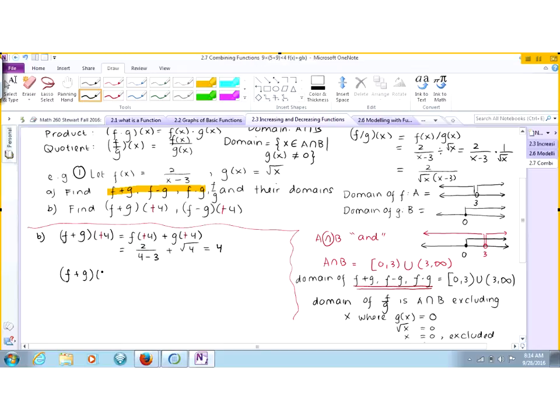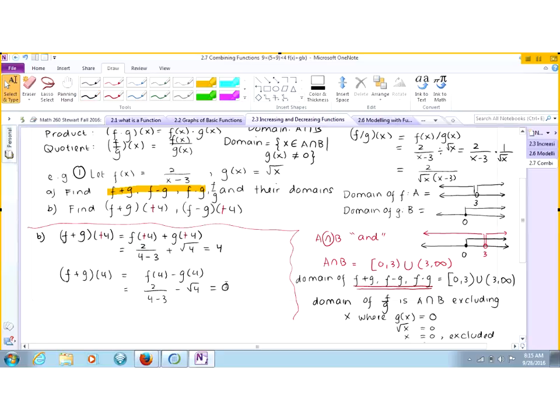What about f minus g of 4? F of 4 minus g of 4, 0, right? So 2 over 4 minus 3 minus square root of 4. So this is equal to 0. Okay. So far so good?